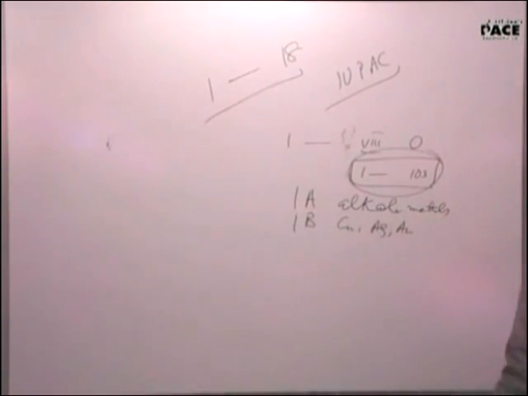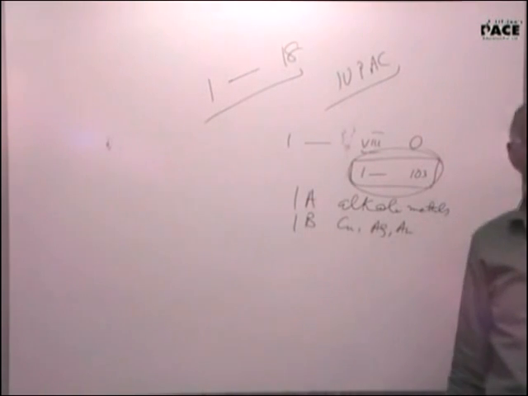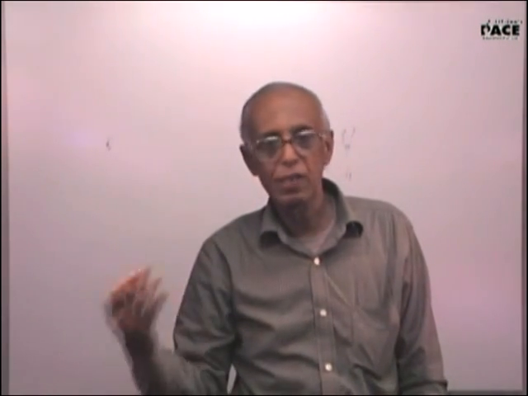So there is no A and B subclassification, so there is no confusion, and that is what is now known as the long form of the periodic table. Today, I will first start with the classification of elements, followed by the classification of compounds, how the compounds can be classified.